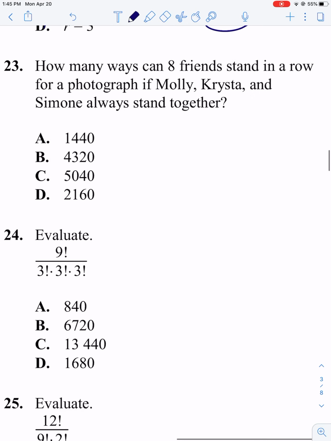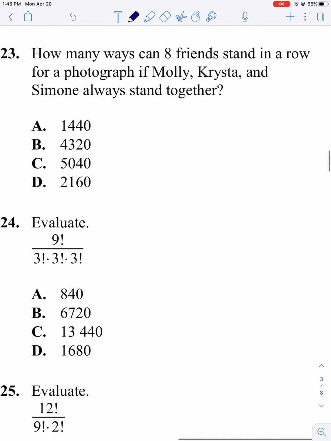Okay, 23. How many ways can 8 friends stand in a row for a photograph if Molly, Krista, and Simone always stand together? Doesn't that always happen? Don't they always stand together? So anyway, if I make 8 spots for them, I'm always going to have Molly, Krista, and Simone standing together. So that's kind of like a group.